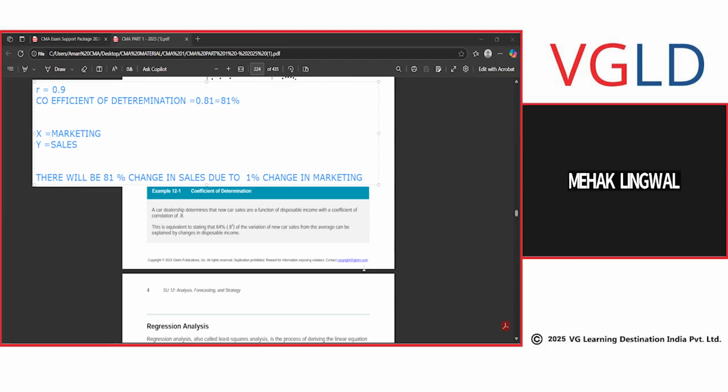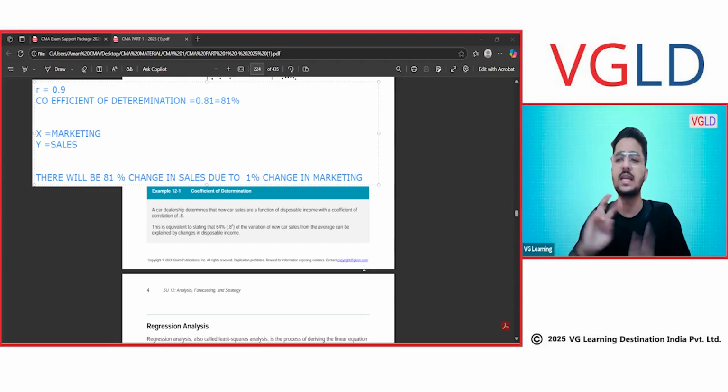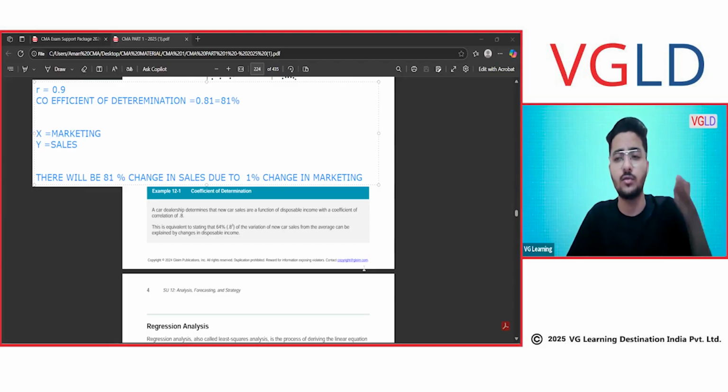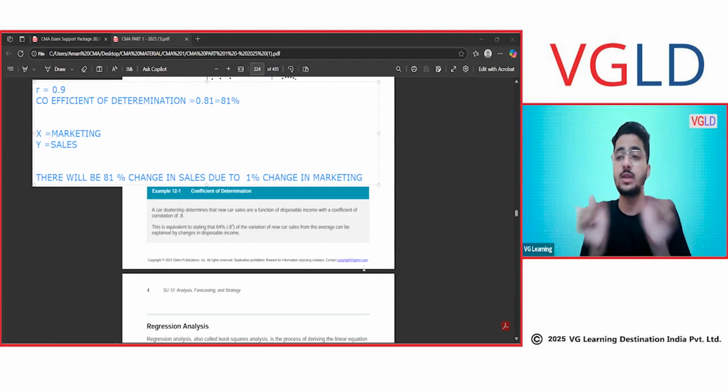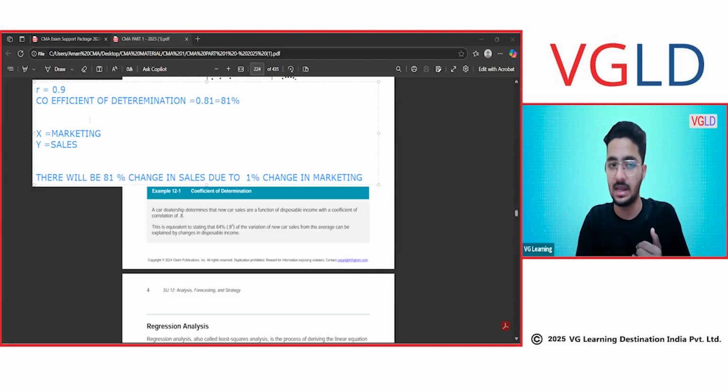Yeah, sure. See, coefficient of determination is basically the square of the coefficient of correlation. When I say this square, it shows me how good the fit is between the two variables. So if my R is 0.9, my coefficient of determination will be 0.81, that is 81%, right?